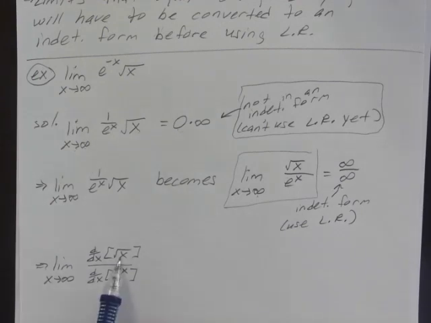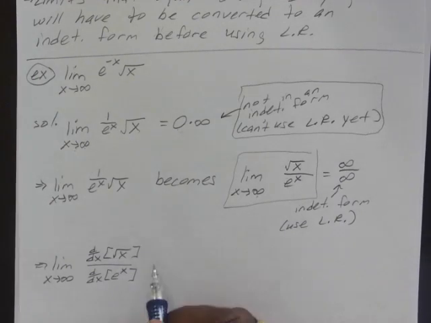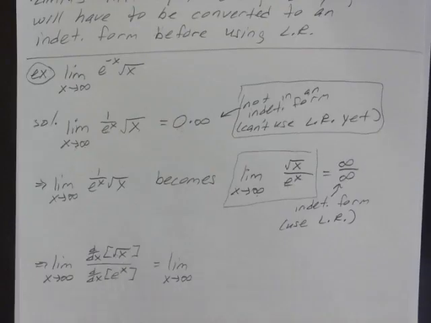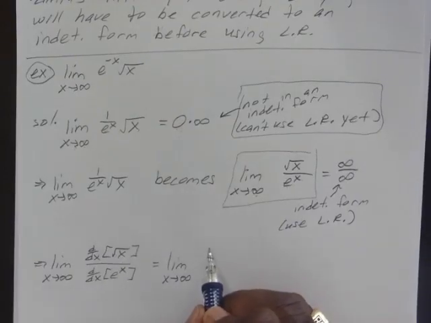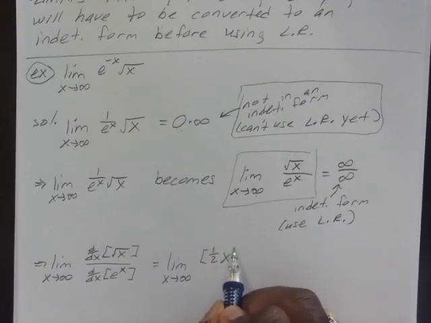Okay, so if we change square root of x to x to the power of 1/2, we have the limit as x approaches infinity of the derivative of x to the 1/2, which is: we bring down the 1/2 times x to the 1/2 minus 1, which is negative 1/2.